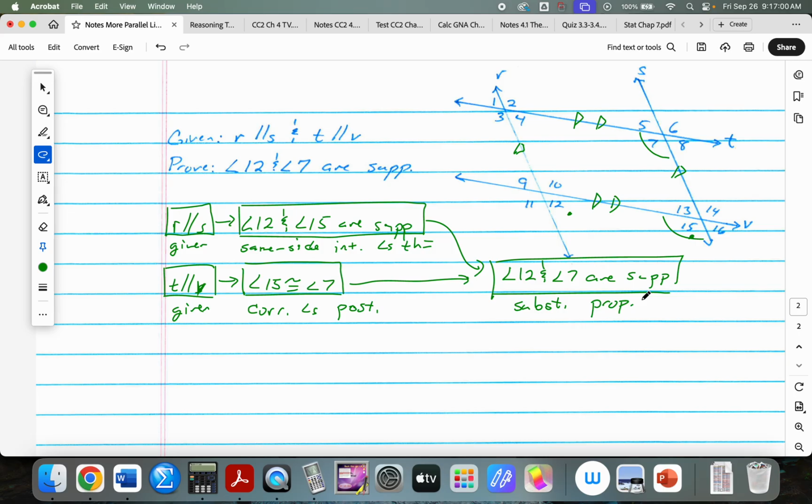So when we go over some of the proofs on Monday, I may have done it one way, you may have done it another way. This isn't the only way to do this. There's, I don't know, probably 40 different right ways to do this. Now, some of them are longer than other ones, but I could have started out with angle 4 and 7 are supplementary.